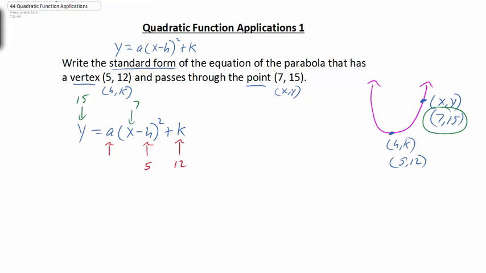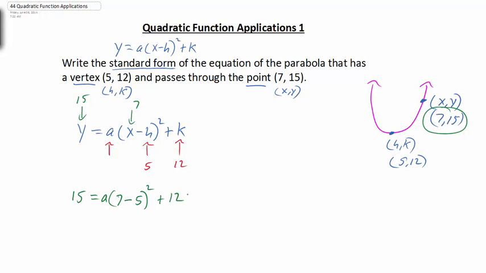So if we substitute in all these values, then we can solve for a. We're going to substitute in for each variable. So if we do that, we would end up with 15 equals a times the quantity 7 minus 5, squared, plus 12.